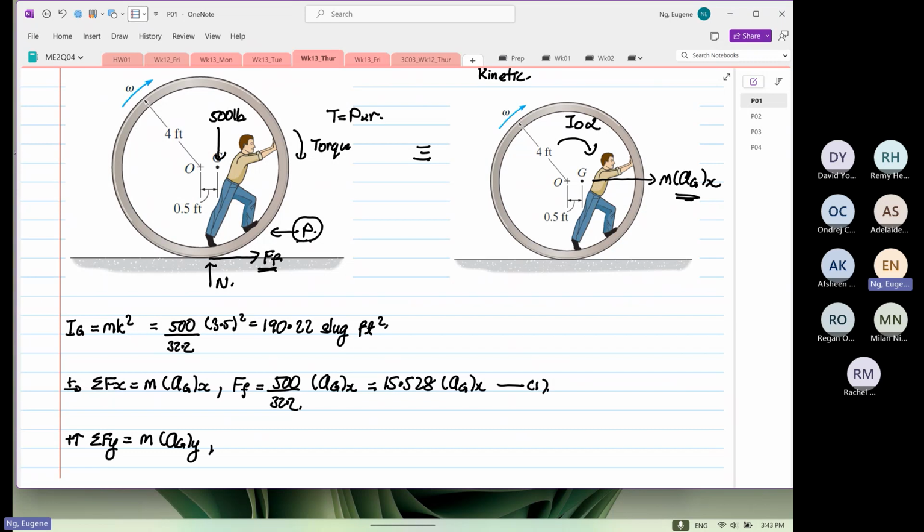Then we have summation of forces in the y direction, M AGY. So in the y, you will have N minus 500. Anything else? You got nothing else. So this will be equal to M AGY. I do apologize, there is an AGY coming here.